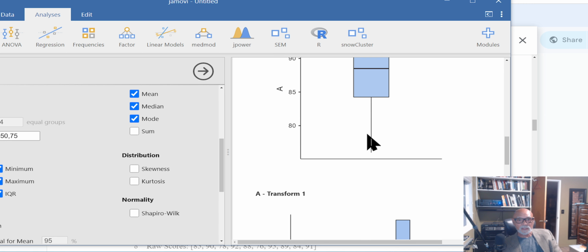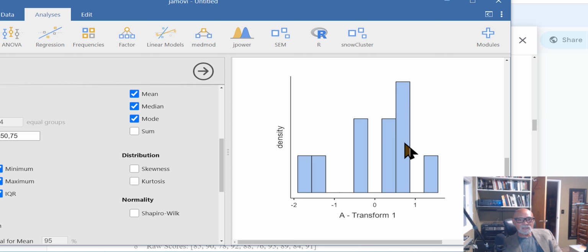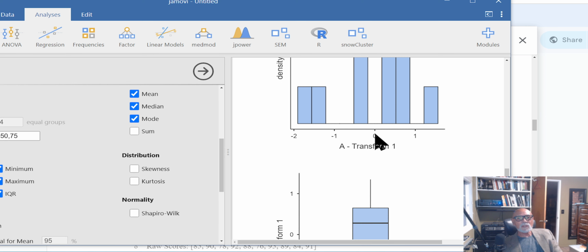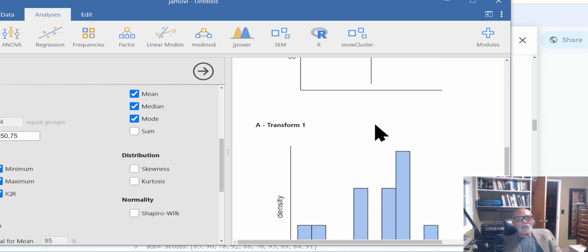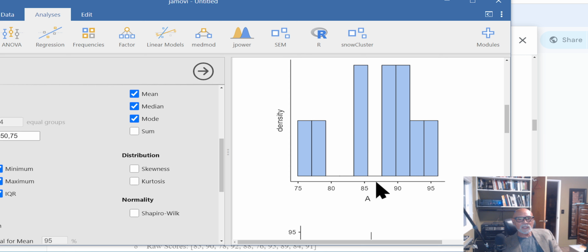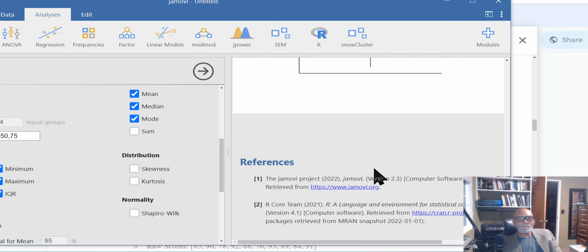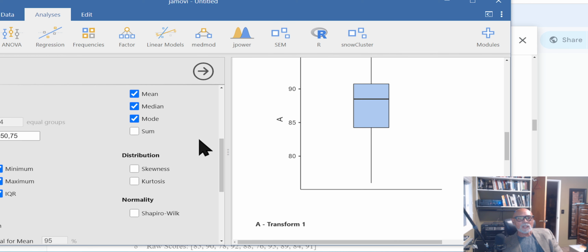It's a little different, but it should not have changed the shape. But now you see here the midpoint is 0, while the midpoint over here is the 86. So that is the way you will use Jamovi to do this, and from there you can answer the questions.